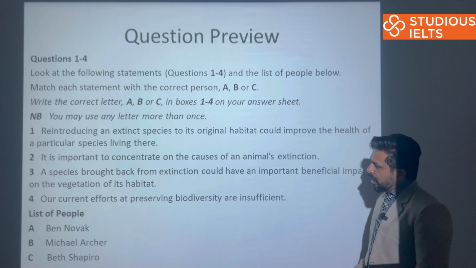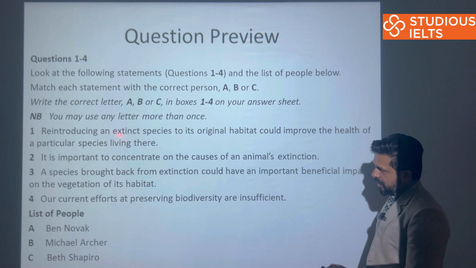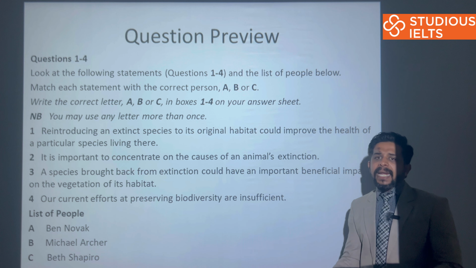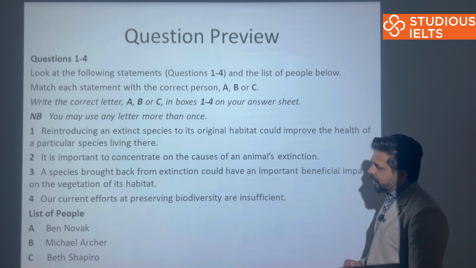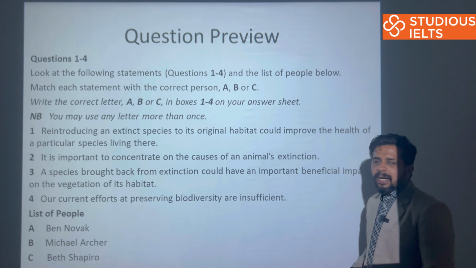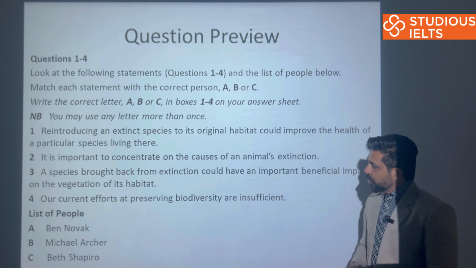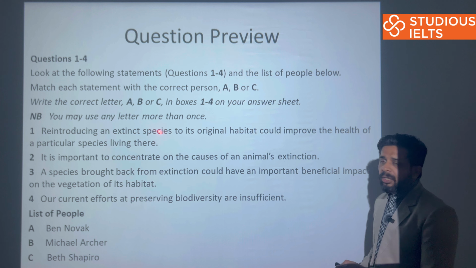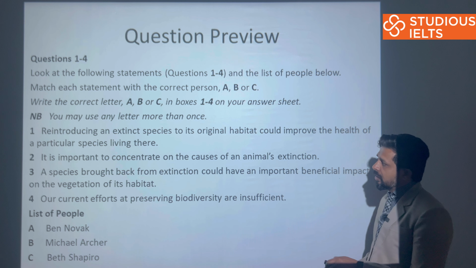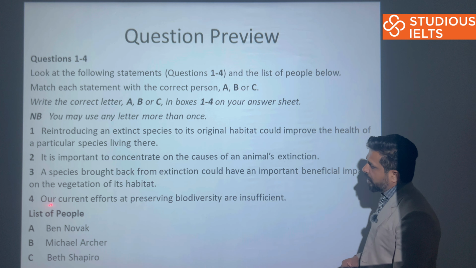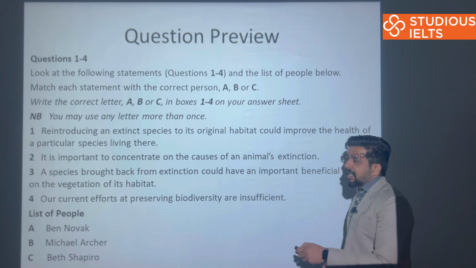For example, if statement 1 and statement 4 might have been talked about by only one person, that is Michael Archer, then you are allowed to use option B twice in your answer. You can place it with question number 1 and you can place it with question number 4 as well. That is why NB is there.